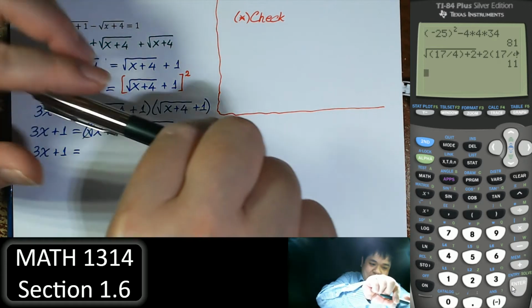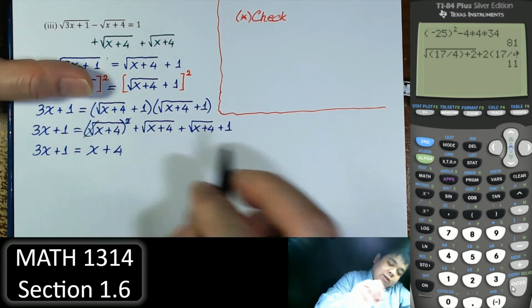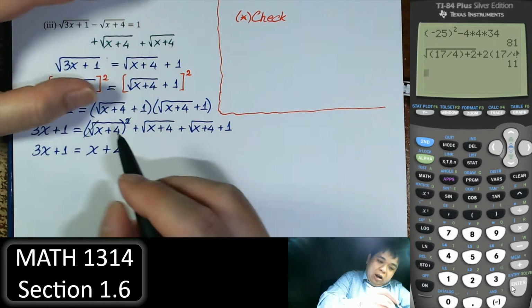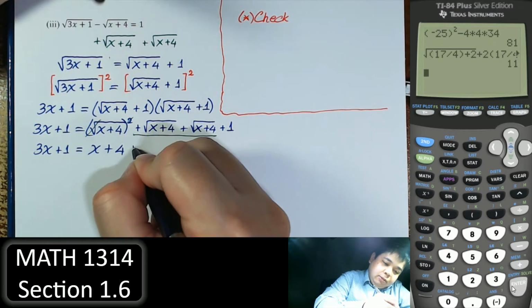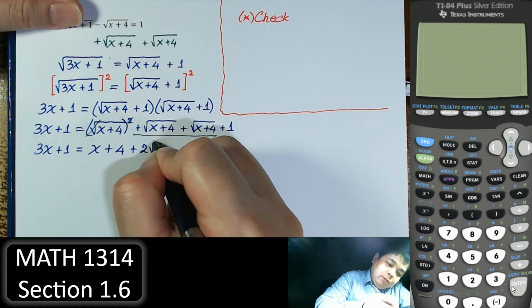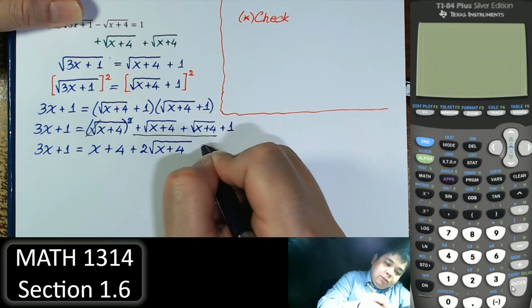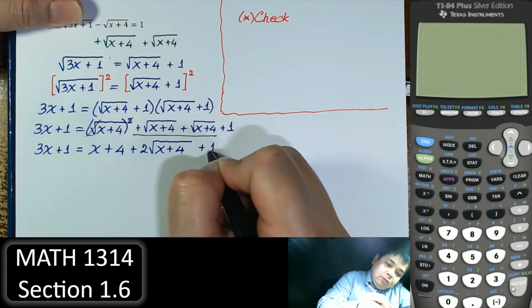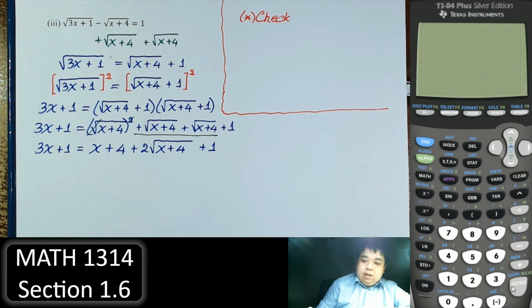Squaring cancels the square root of x plus 4. Combine like terms. Right?